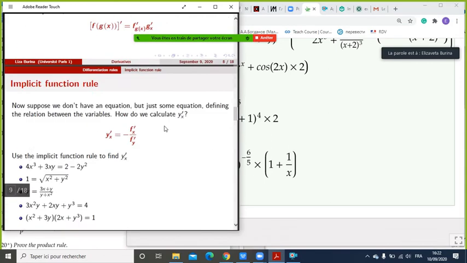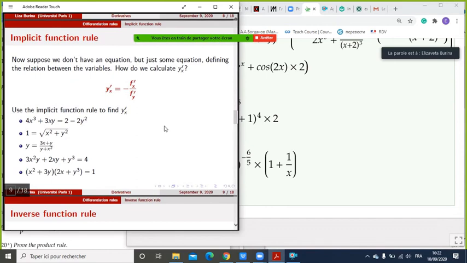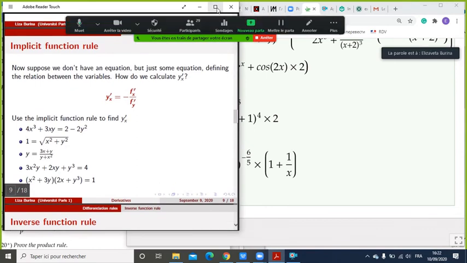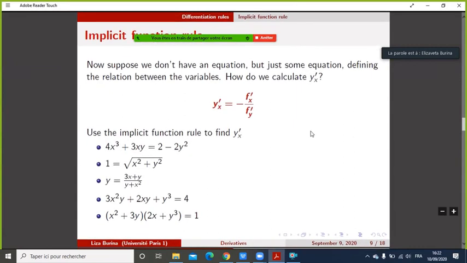So here, for a second, we should imagine a situation. What we can have is not a function of y expressed in terms of x, but just some relation expressed in the form of an equation.